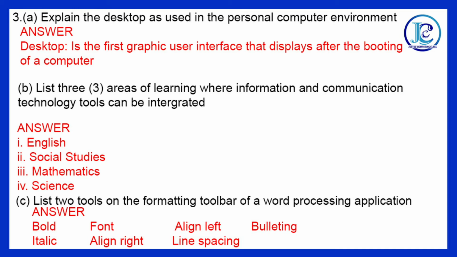Then the next one is list two tools on the formatting toolbar of a word processing application. So they're asking you for tools that are found on the formatting toolbar. We have bold, italic, underline, fonts, align right, align left, line spacing, and bullets.